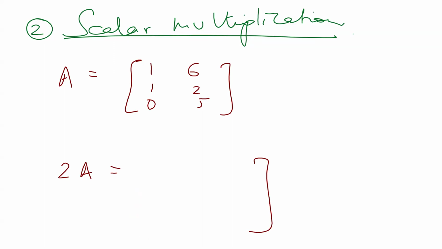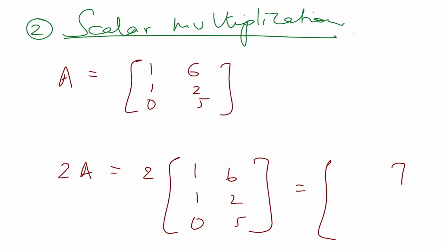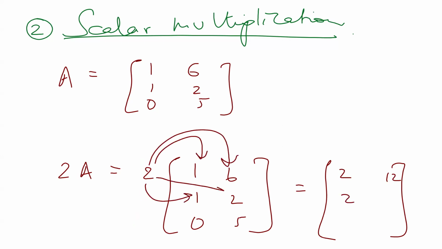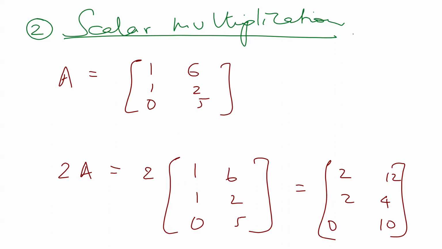2 multiplied by the entire matrix. Whatever matrix is there, you have to multiply 2 with it. So each and every element will be multiplied with 2. 2 into 1, 2. 2 into 6, 12. 2 into 1, 2. 2 into 2, 4. 0, and the last one will be 10.